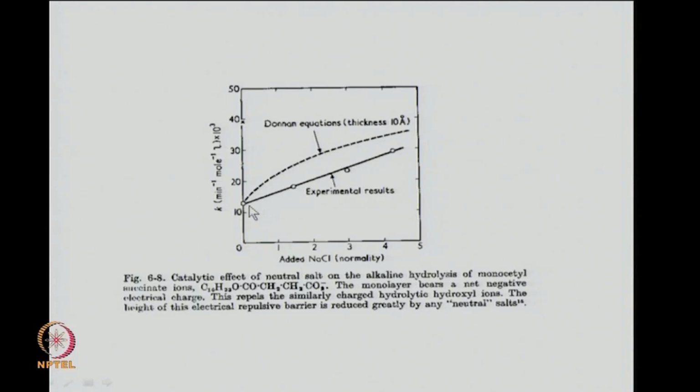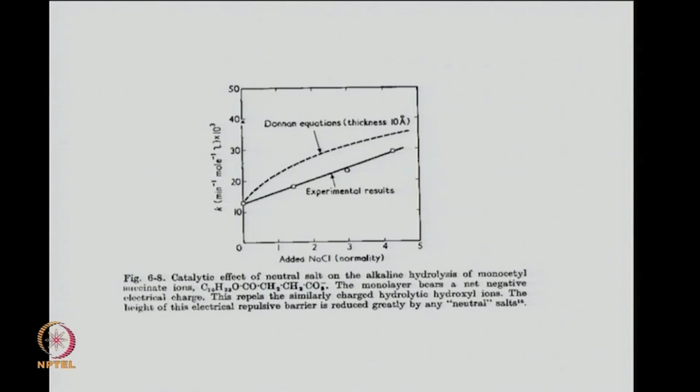As the concentration of NaCl increases, we see the rate of this reaction, alkaline hydrolysis, increases, and the theoretical predictions for a thickness corresponding to about 10 angstroms would help you predict the increase, not of course in complete quantitative agreement.